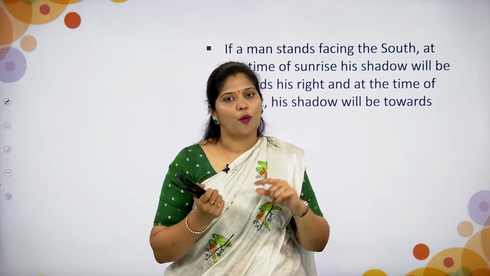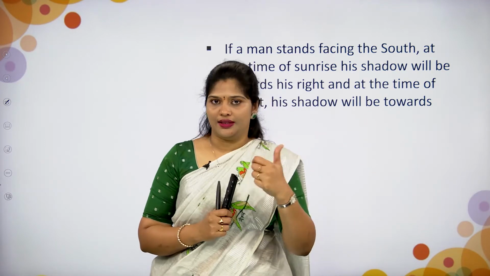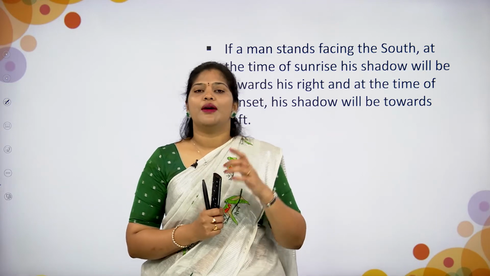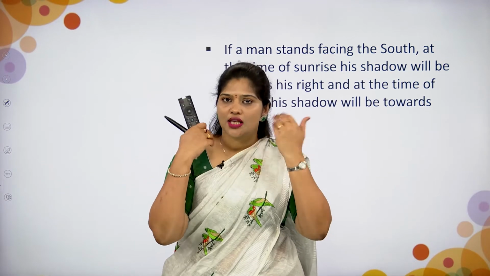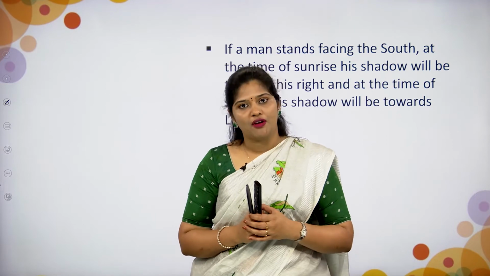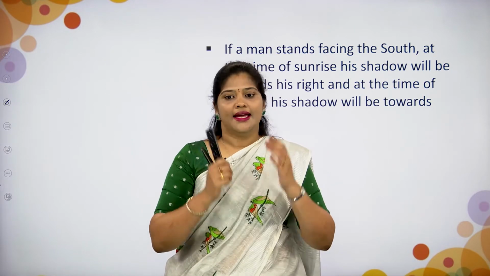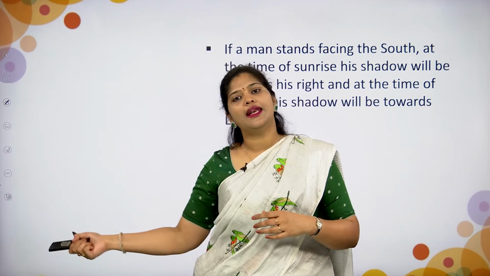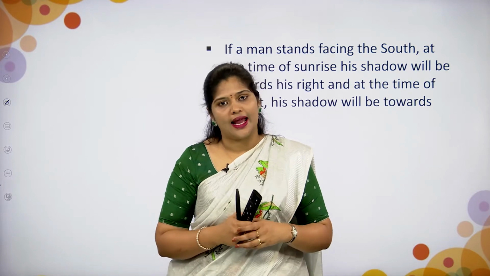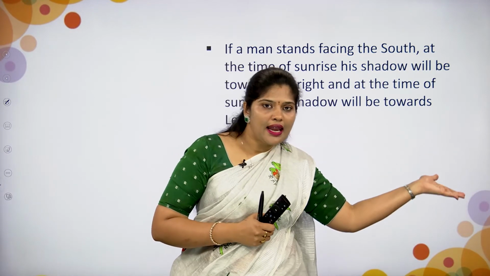It is completely opposite to the north direction. This is south. So, if a man stands facing the south direction at sunrise, his shadow will be on the right side, and at sunset his shadow will be on the left side.